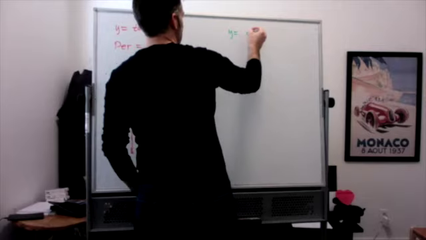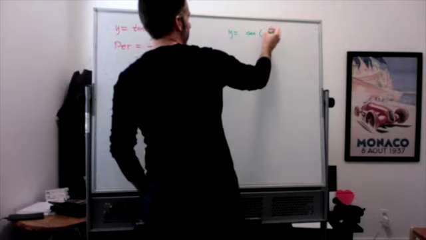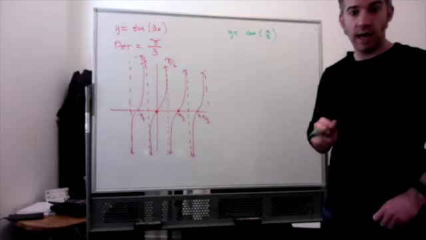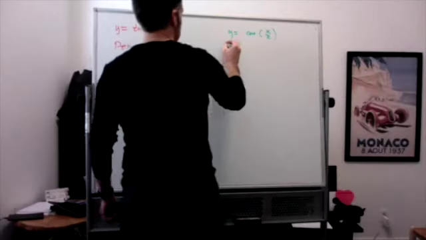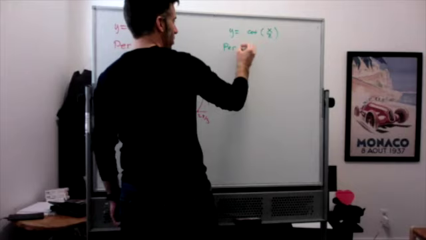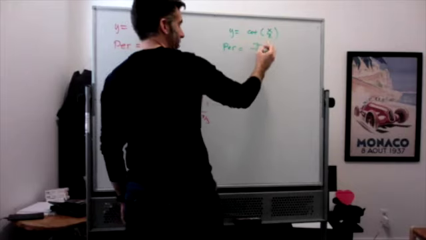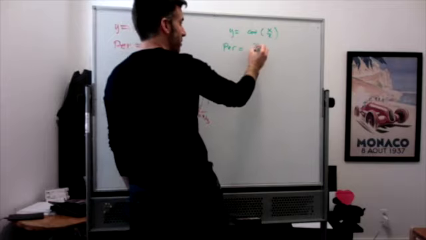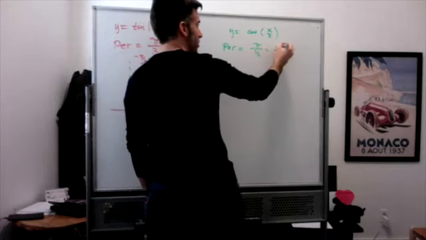Y equal to cotangent of x over 2. So now the period is going to equal pi divided by the coefficient of x, and the coefficient of x is 1/2. Pi divided by 1/2 is 2 pi.